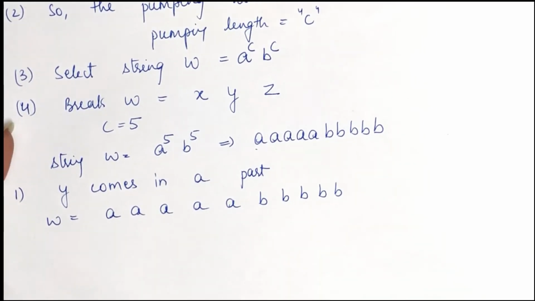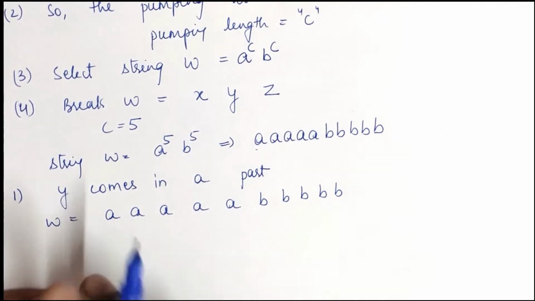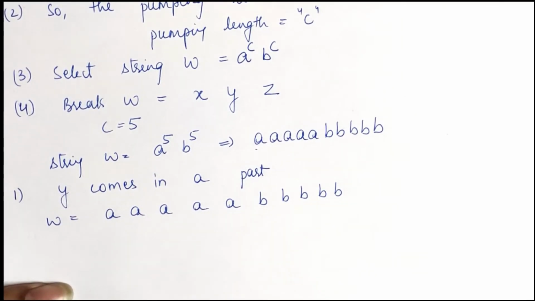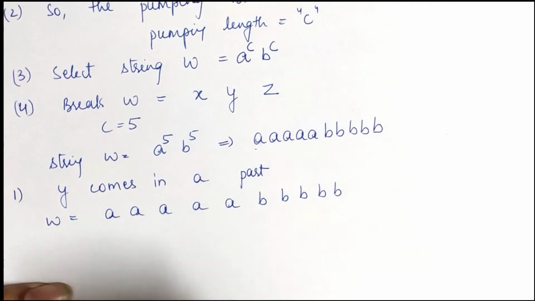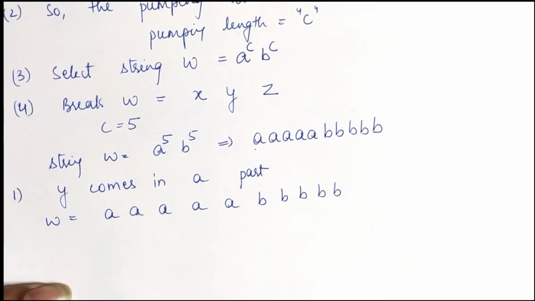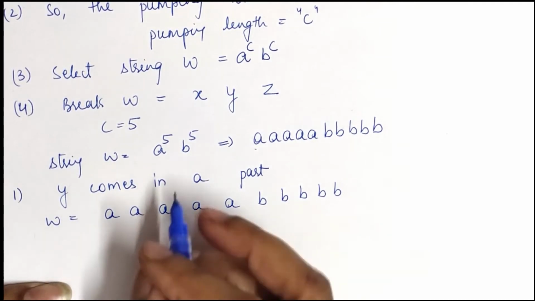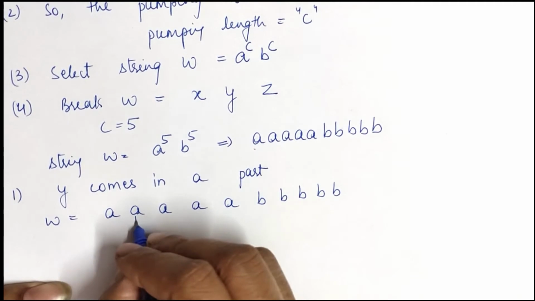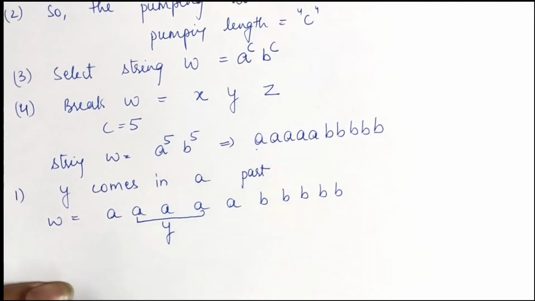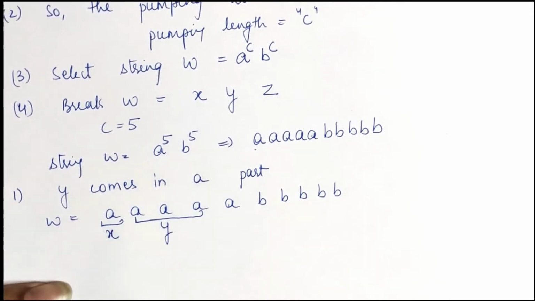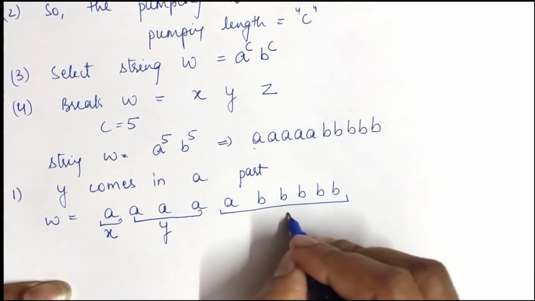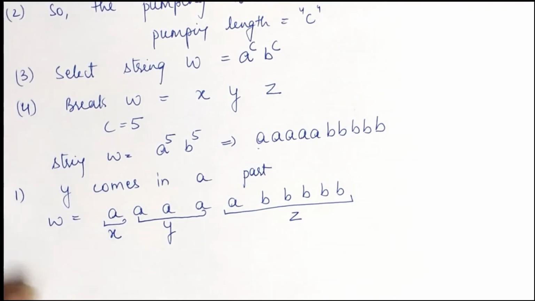For assumption, we can take Y equal to 3, meaning the length of Y is 3, because we have to select Y such that its length is greater than or equal to 1. This is Y, so this becomes X and the remaining string is assigned to Z. This is the first case.